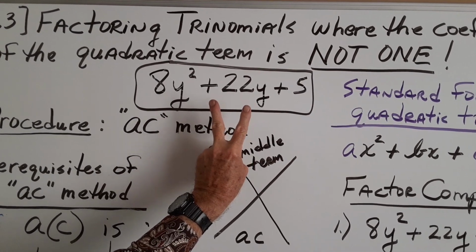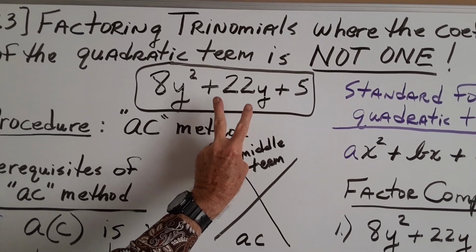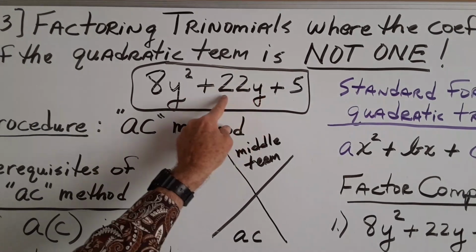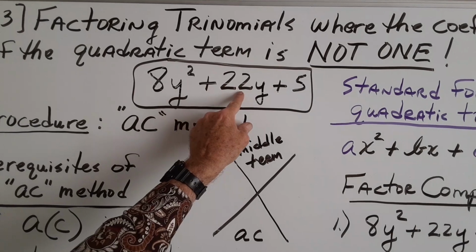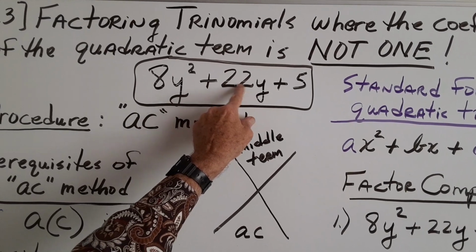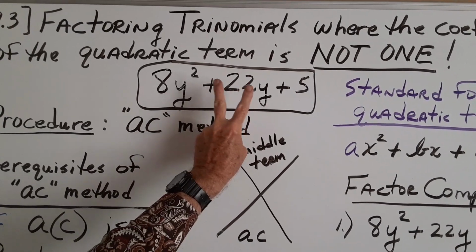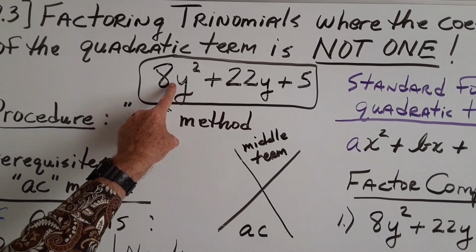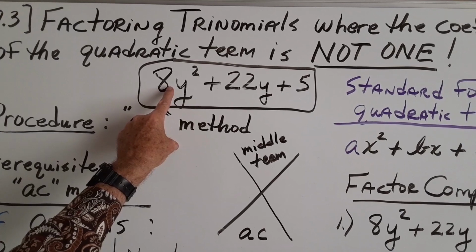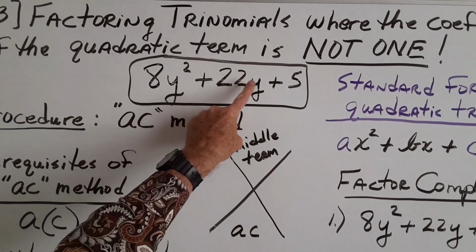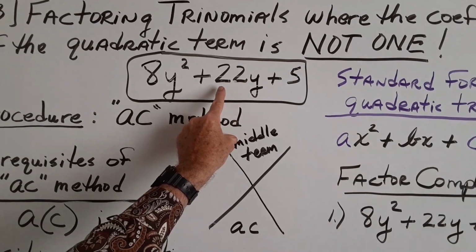Those 2 terms, when correctly added together, will give us the middle term. So let's count. 1, he stays the same. 2 and 3, the second and the third term, will be here.